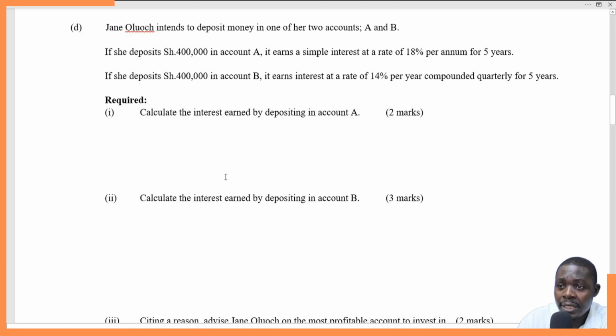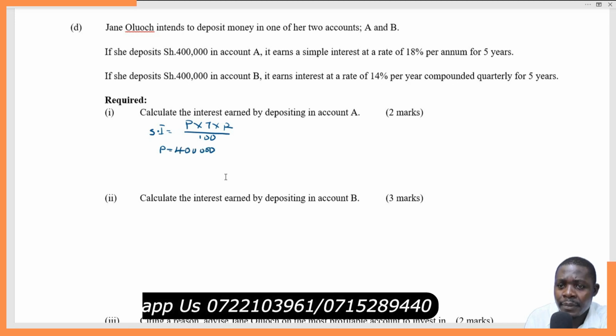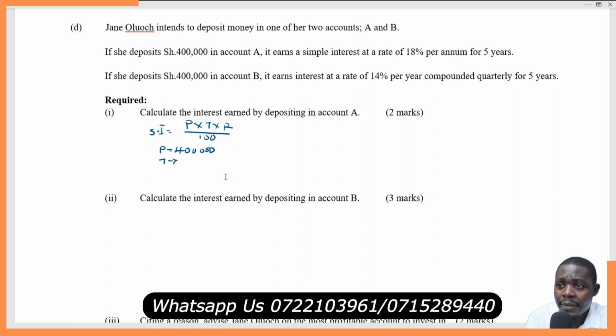Account A is simple interest. And remember, we have said simple interest is equal to principal multiplied by time, multiplied by r, divided by 100. What you need to ask yourself in this question: do we have the principal? Yes, 400,000. Do we have time? Yes, 5 years.